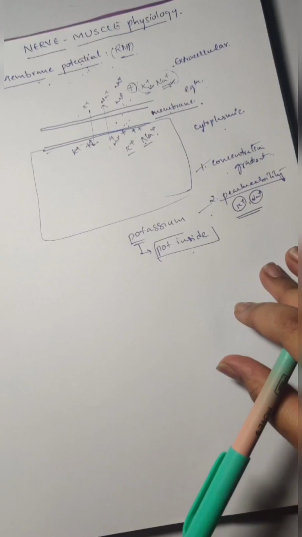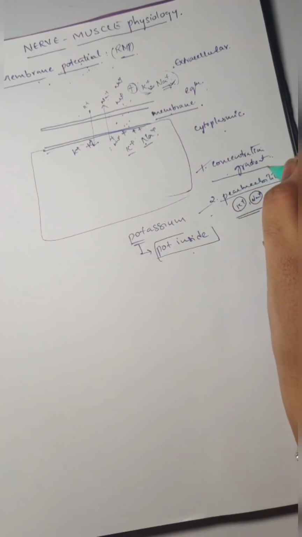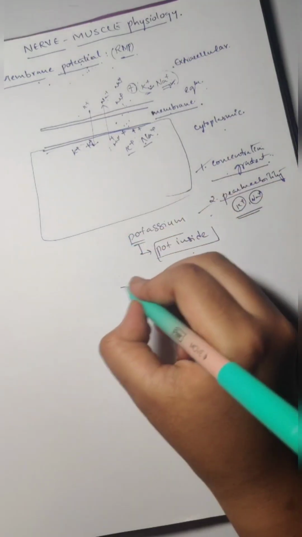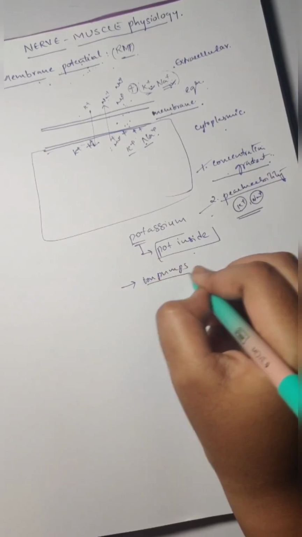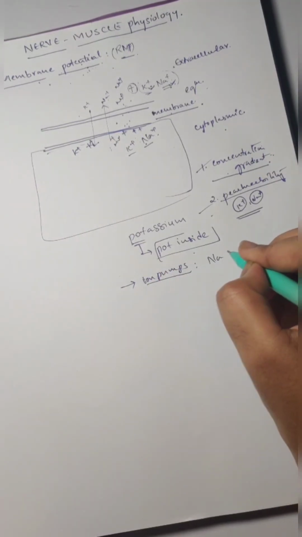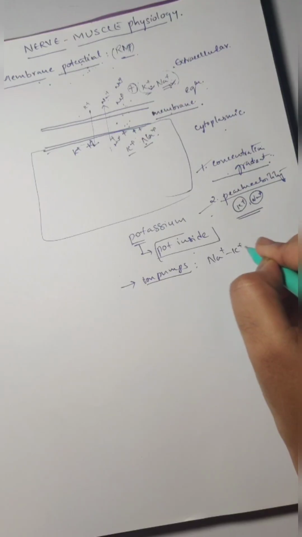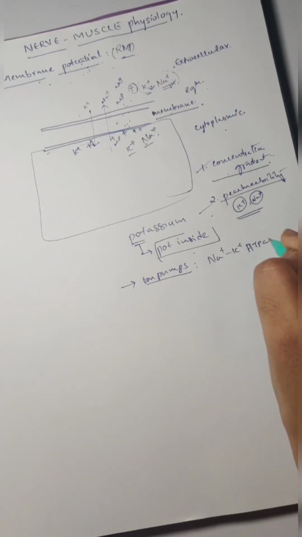Now, who is maintaining this concentration gradient so that the membrane potential is maintained? Who is taking care of this concentration gradient? Now comes the role of ion pumps. The major pump that we notice here is the sodium potassium ATPase pump.